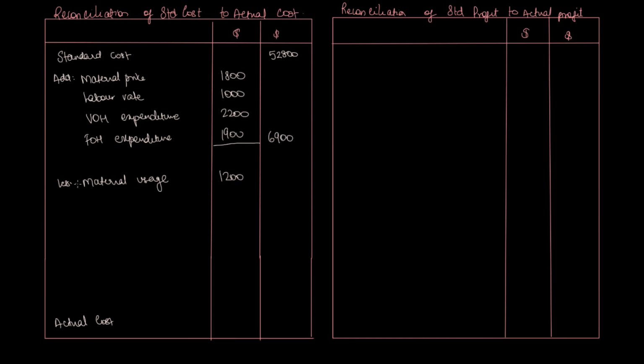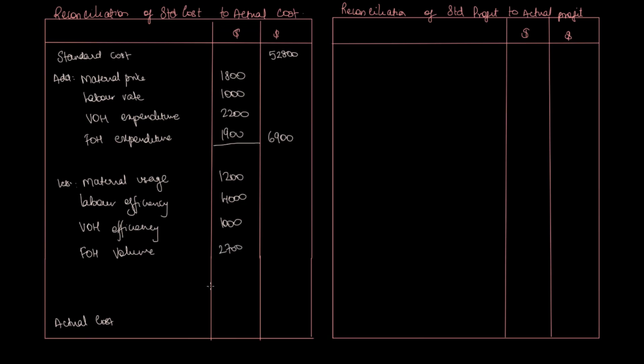Then I'm going to deduct the other favorable variances also. Under that we had labor efficiency 4000, then variable overhead efficiency 1000, and finally fixed overhead volume 2700.